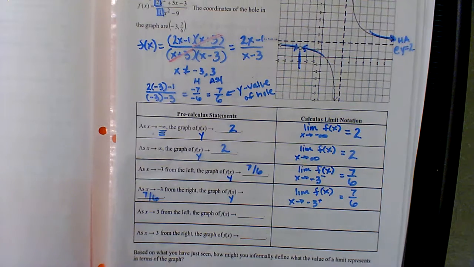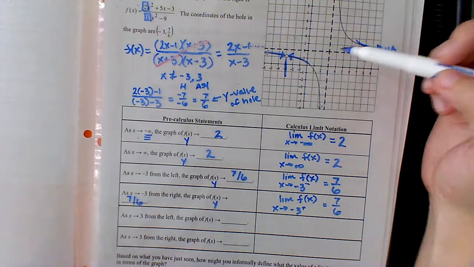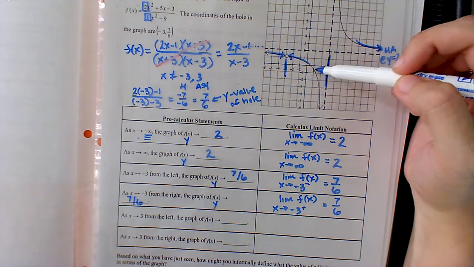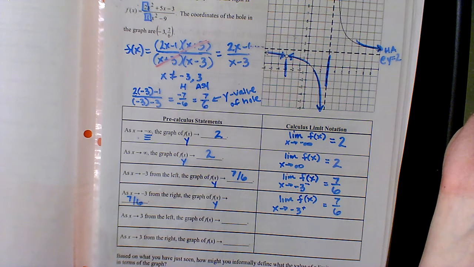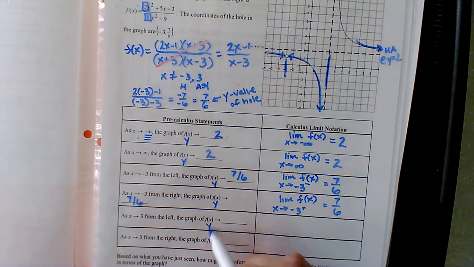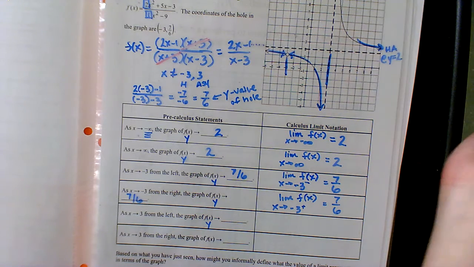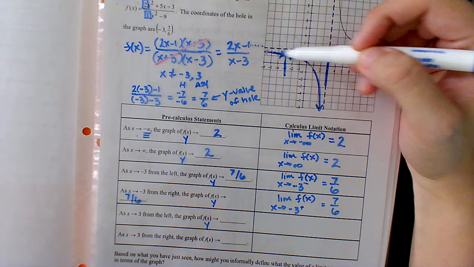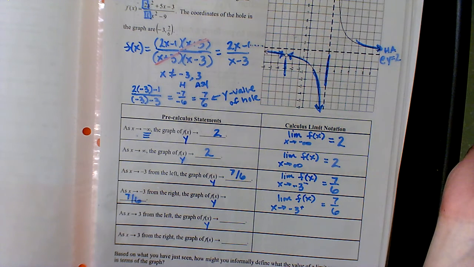All right, last two. As x approaches 3 from the left. So let's go ahead and find our 3 mark. Okay, that's somewhere right here. As we trace the graph from the left, what is the height of the graph approaching, aka y value? As you come in from the left-hand side, what's happening to your height?